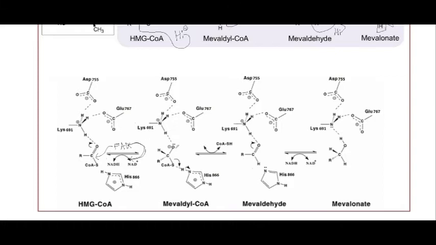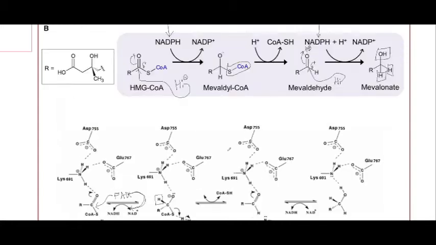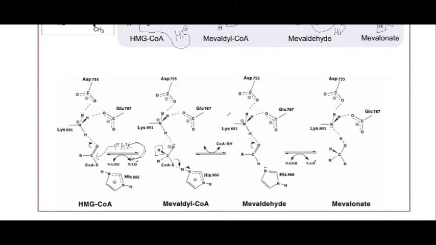And so we see here that after we've added this hydrogen as a hydride, this lysine is still stabilizing this negatively charged oxygen. And then we have a hydrogen here on this histidine, which is donating that hydrogen that they show right here.